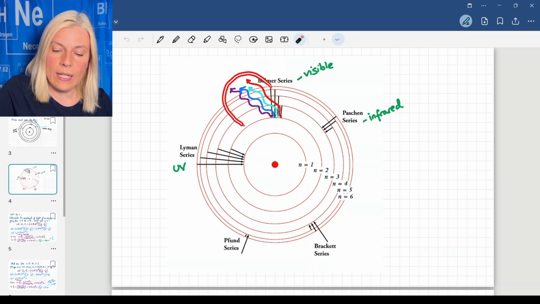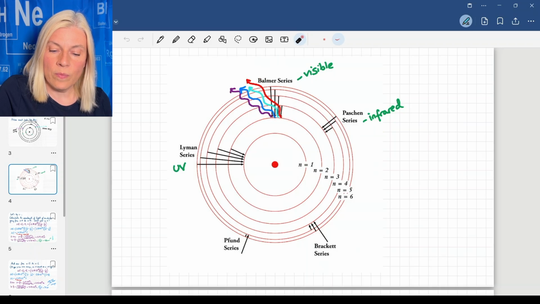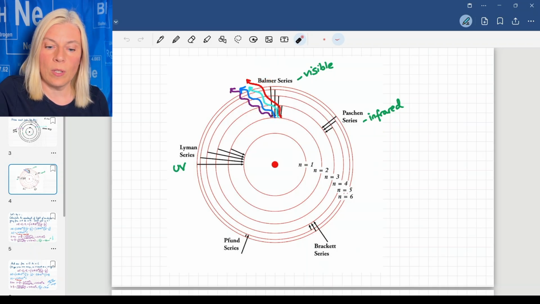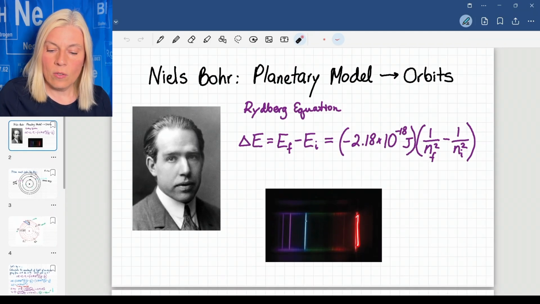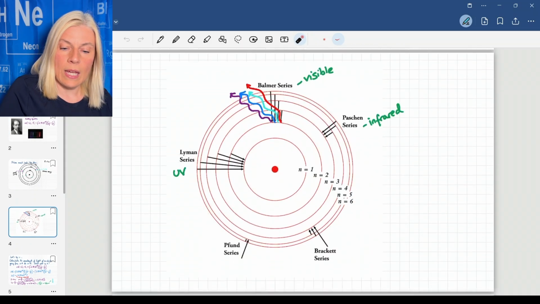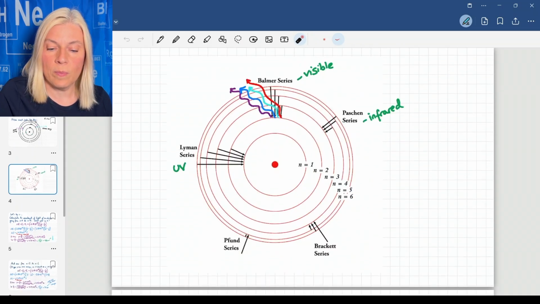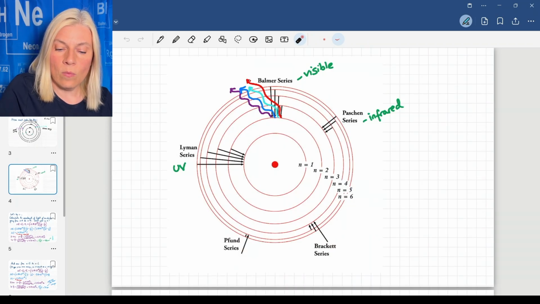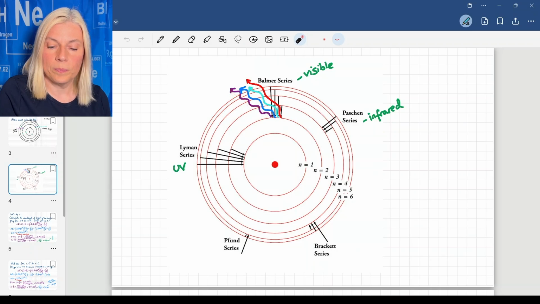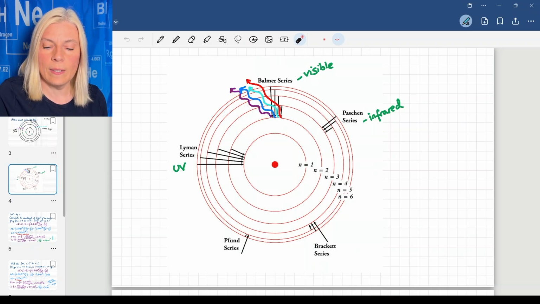And I drew right here that everything going to energy level 2 is actually the 4 lines of the hydrogen spectrum. Remember, the hydrogen spectrum had red, turquoise, blue, and violet. And here are actually the 4. I also drew the wavelengths. The red wavelength is the longest, and the violet is the shortest, with the highest frequency.